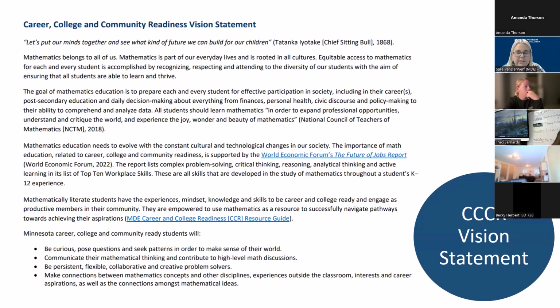So they wrote at the beginning of the standards, and I highly recommend you read these 4 pages, a front matter, which includes the career and college and community readiness statement that gave a vision for Minnesota K-12 math students and what we would like our classrooms in math to look like using the standards that are in the document.